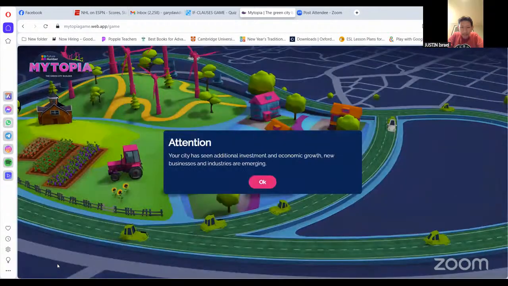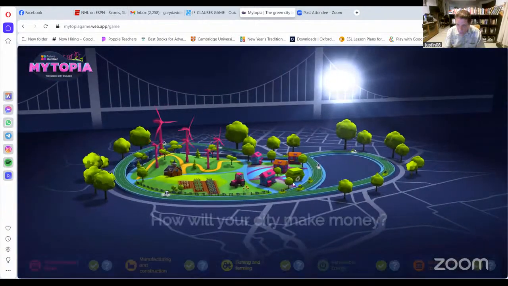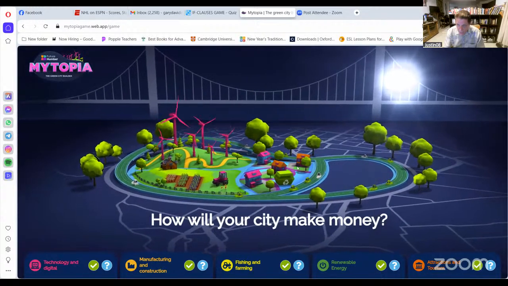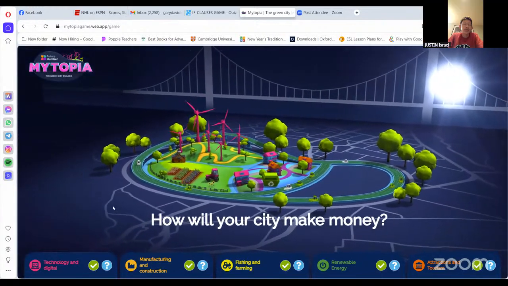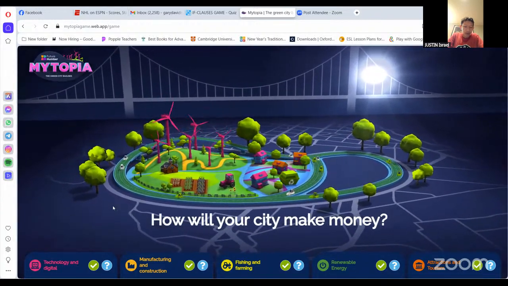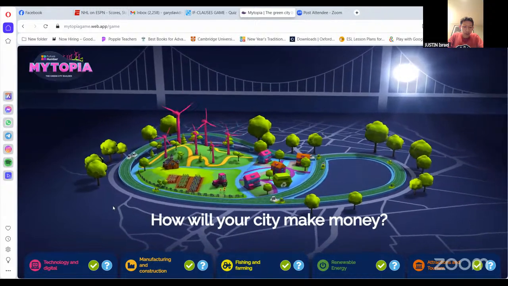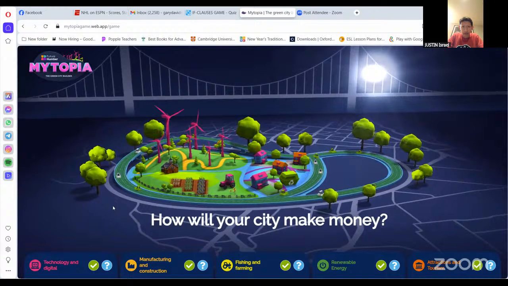So Justin, what happens if everyone in the city recycles? Then they'll be able to use that recycled trash to make something new.